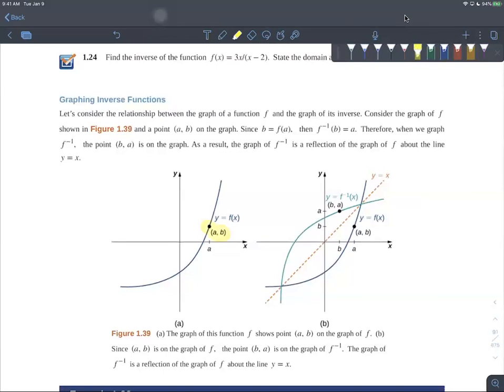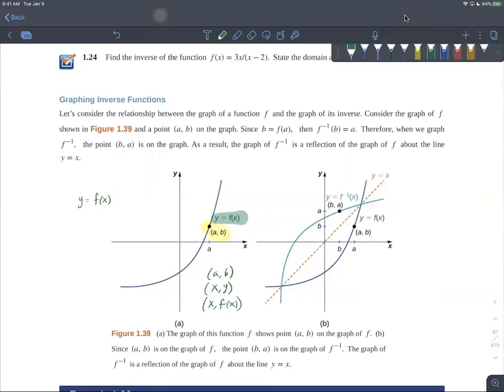So what does it mean to have a function y equals f of x and then a point (a, b) on the graph? These are x and y values, right? And so we can consider these as x and f of x, because they're an ordered pair.